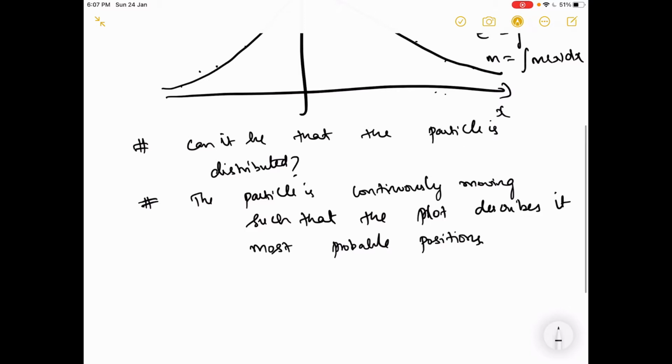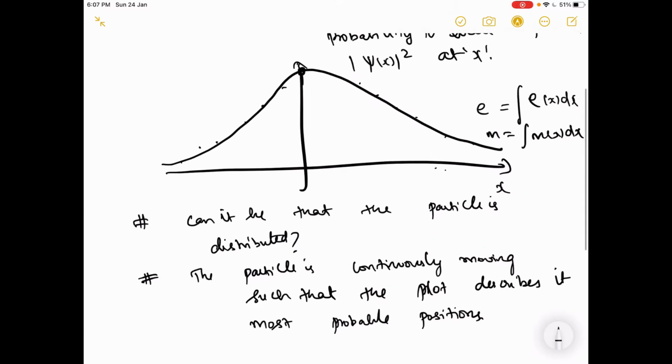These are two different ways of looking at it, right? So the charge is distributed, so you can find it at this point, or it is continuously moving such that the probability to catch the point at the far edges close to infinity is almost zero. So it's almost circulating for a lot of time at the center, right?